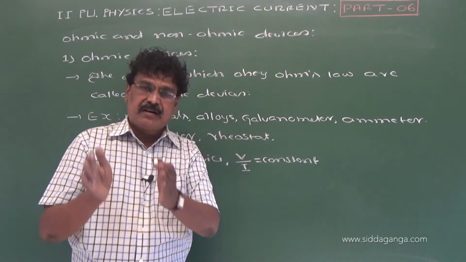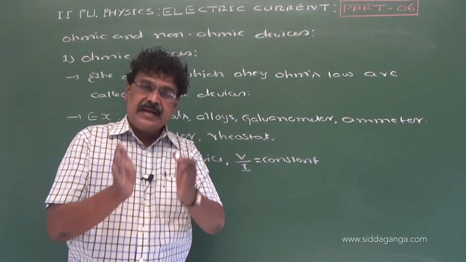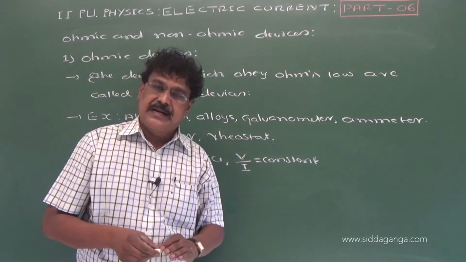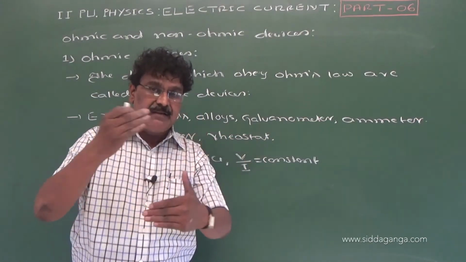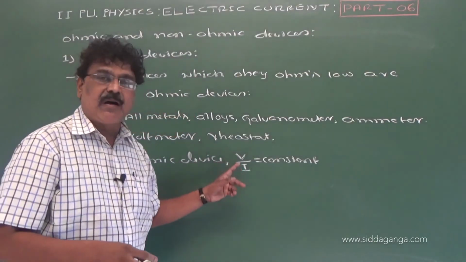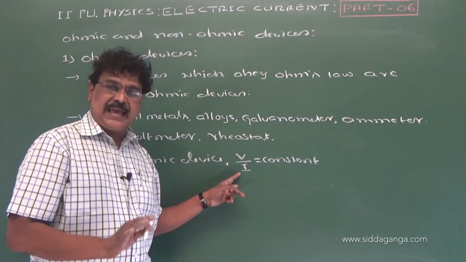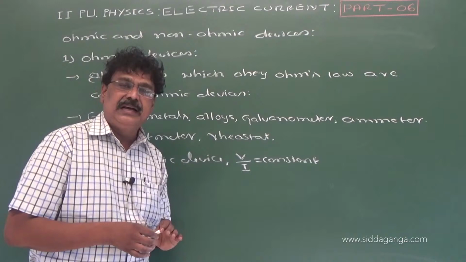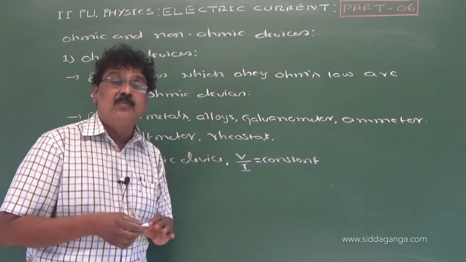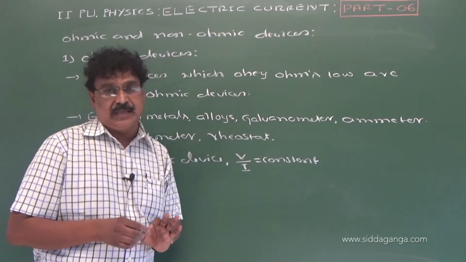For different values of potential difference we will obtain different values of current, but for any value of potential difference and current, V by I always remains constant. Actually, V by I equal to constant is the basic Ohm's law. I is proportional to V, or V by I is equal to constant.